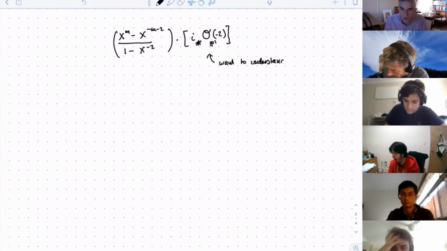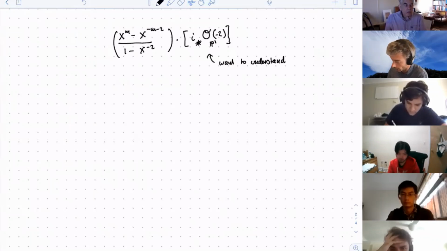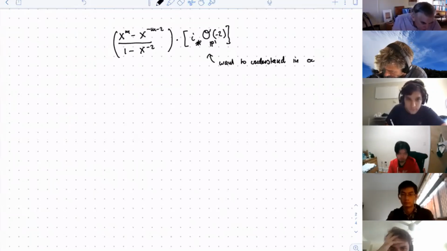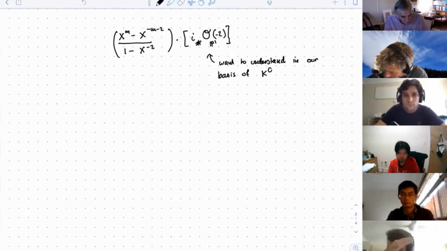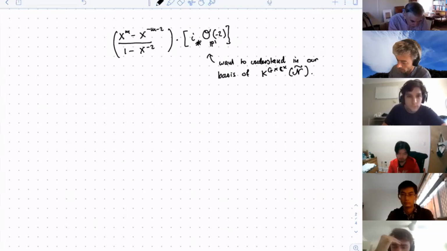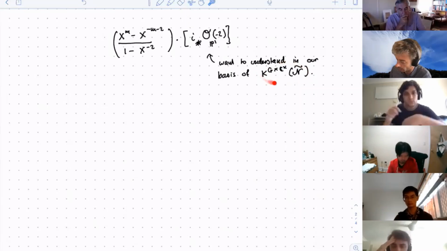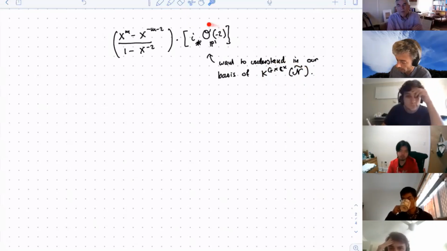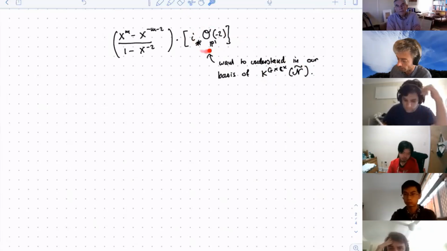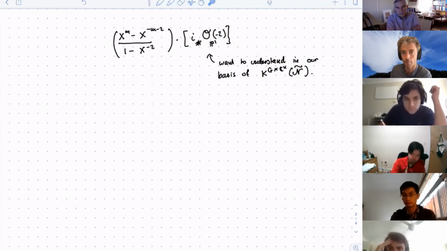We've written our basis of this space, given by line bundles. And this is not a line bundle, this is supported on the zero section. And so basically we need to resolve this by line bundles or vector bundles in order to express this in K-theory, in our basis.